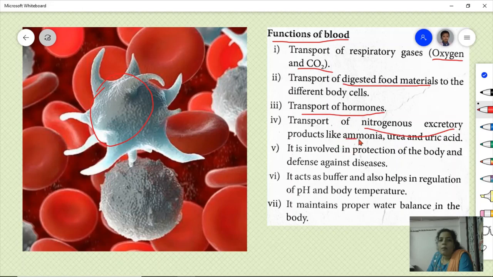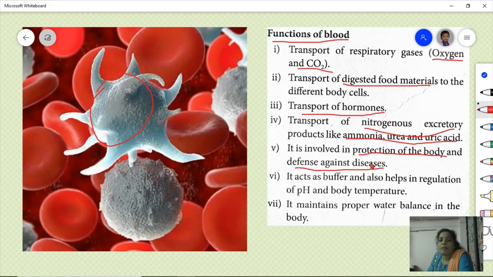The fourth point is transport of nitrogenous excretory products like ammonia, urea and uric acid. These are waste products. The fifth point is that it is involved in the protection of the body and defense against diseases.